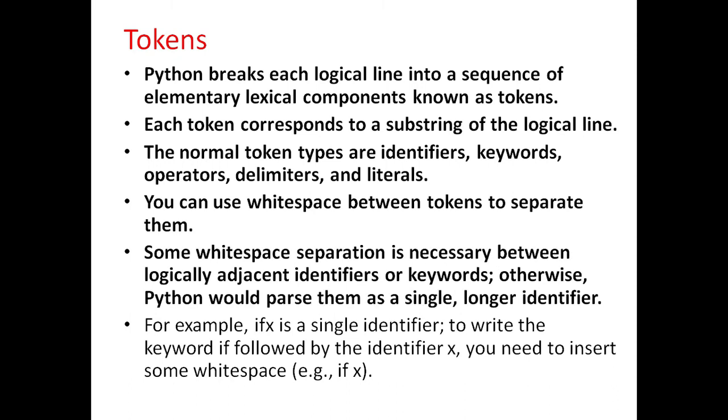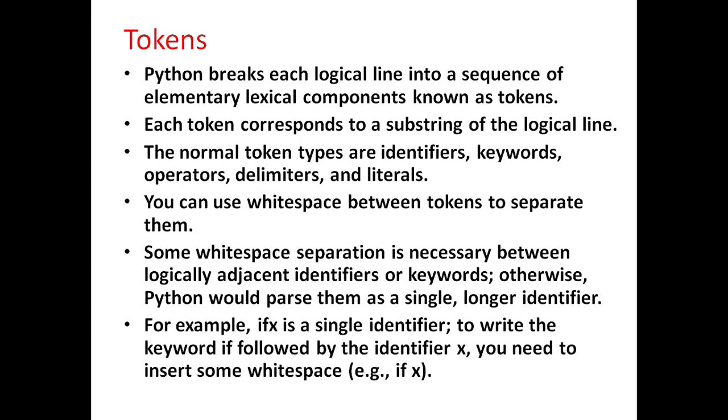Some white space separation is necessary between logically adjacent identifiers or keywords. Otherwise, Python would parse them as a single longer identifier. For example, if x is a single identifier, to write the keyword if followed by the identifier x, you need to insert some white spaces.